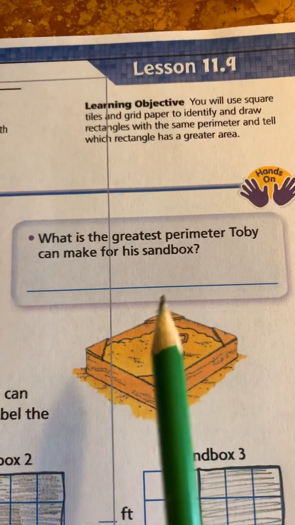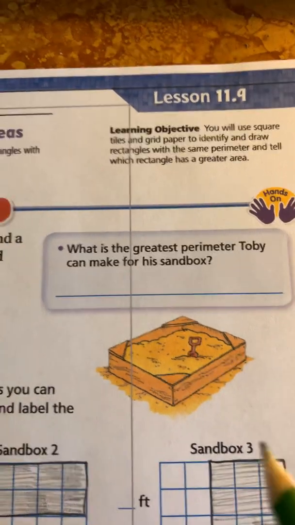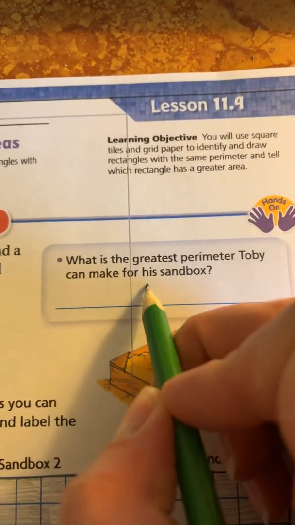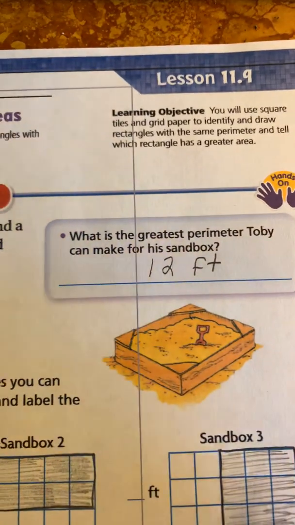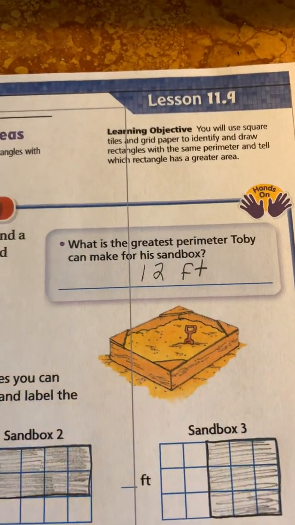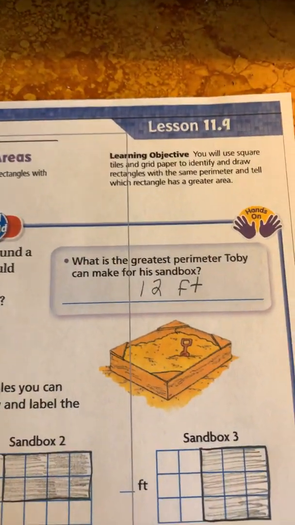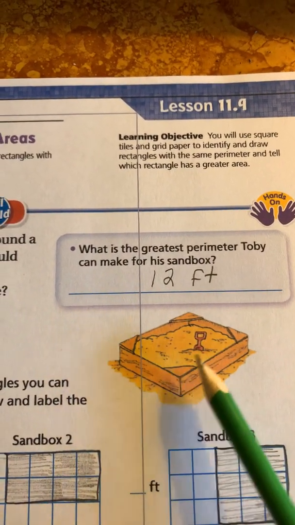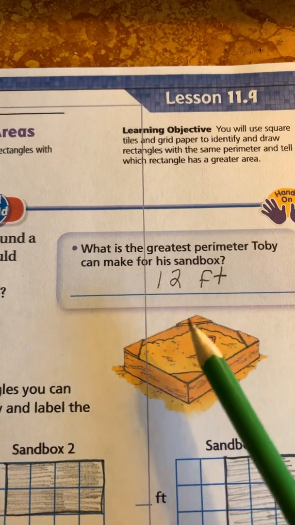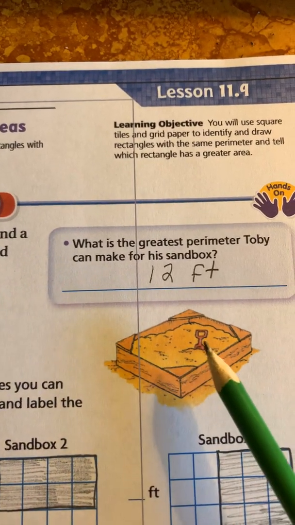That would be the greatest perimeter that Toby could have. So we're going to write 12 feet. And we want to know how Toby can arrange these boards so that he has the greatest area inside the sandbox so that there's more room to play.